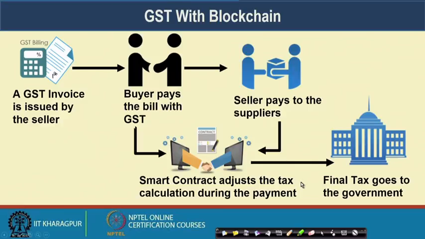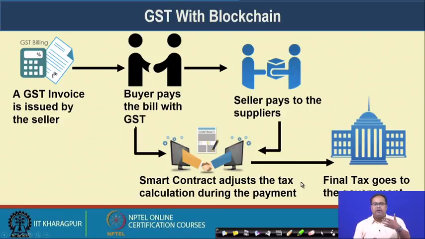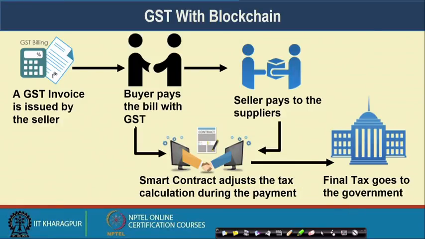Under this kind of scenario, blockchain can be a platform where you can simplify this entire tax payment process, where everything will be done automatically with the help of a smart contract. So, let us see how this entire process can be simplified with the help of a blockchain. Similarly, the GST invoice is issued by the seller, and the buyer pays the bill with GST.